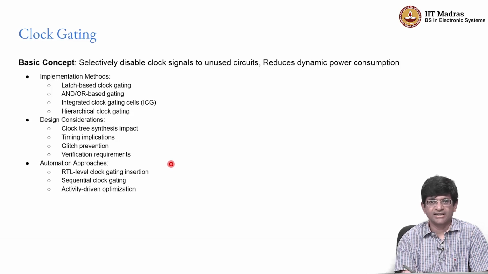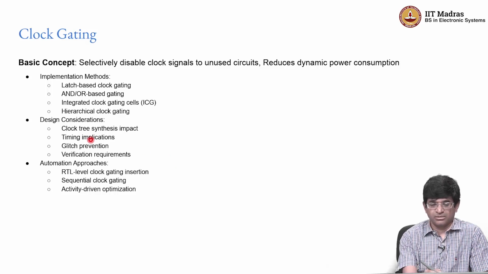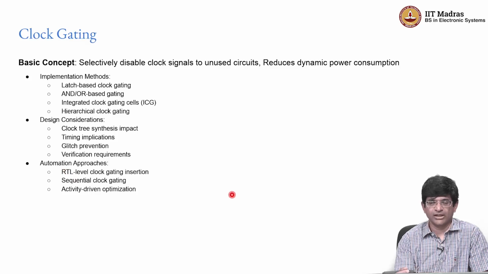But in ASIC design, this can be a fairly significant additional complexity. There are a number of different timing implications when you are trying to do clock gating on the clock tree synthesis. There are a number of tools that help with automating parts of this, and without that, essentially this kind of clock gating technique would not be possible in practice.